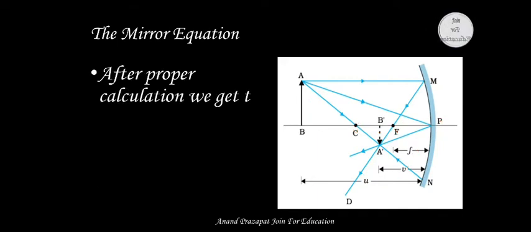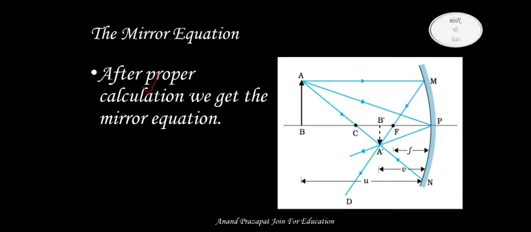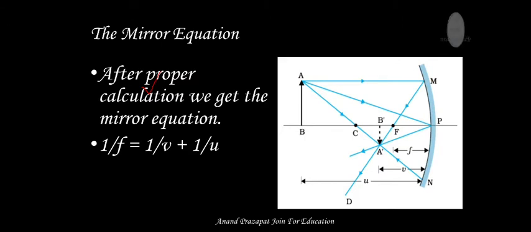After proper calculation using the similar triangles ABC, A dash B dash C and MPF, A dash B dash F, we get the mirror equation: 1 by F equals 1 by V plus 1 by U. This is also known as the mirror formula.